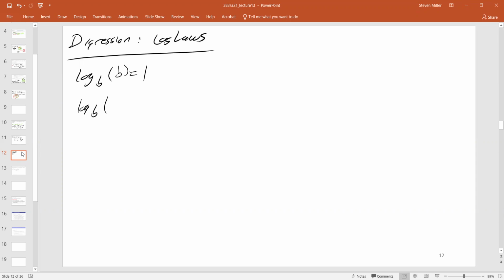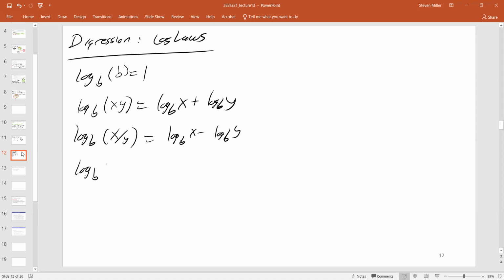Log base b of a. All right, that's a special case of what we're going to get to later. So in the interest of time, the log of a product is the sum of the logs. The log of a quotient is the difference of the logs.